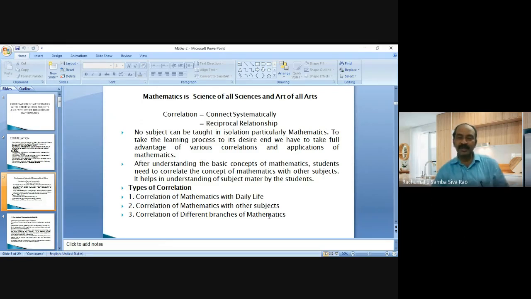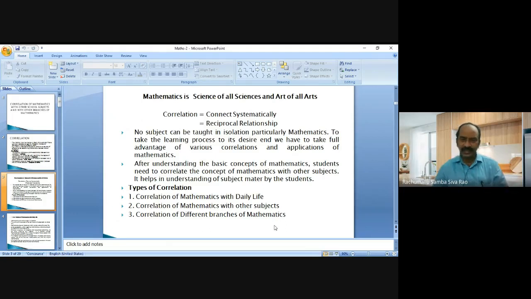First one is correlation of mathematics with daily life, the second one is correlation of mathematics with other school subjects, and the third and last one is correlation of different branches of mathematics. Based on these three kinds, we may simply classify the correlation of mathematics into two kinds: internal correlation and external correlation.